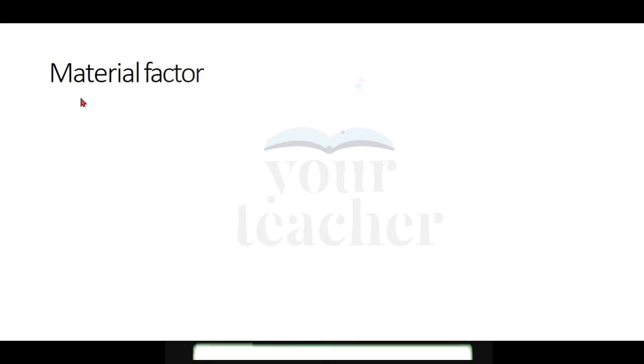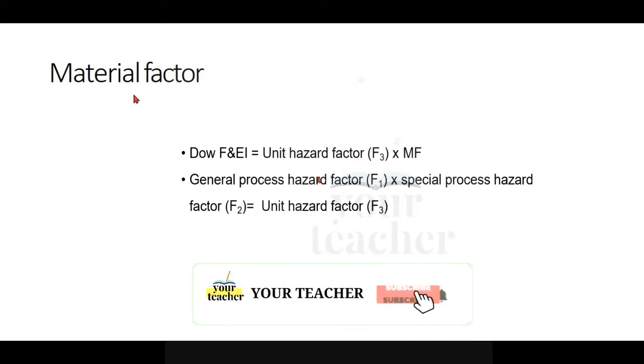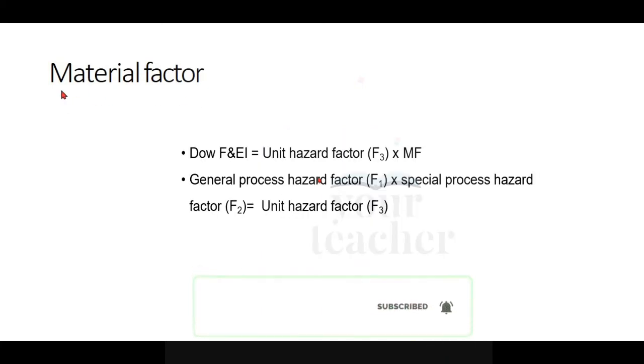In the Dow Fire and Explosion Index equation, we saw a term called MF, or material factor. This is determined to know the flammable character or the explosive nature of a material used in an operation. If the material factor obtained is very high, then we can conclude that the material used in the operation is of high explosive or flammable character.